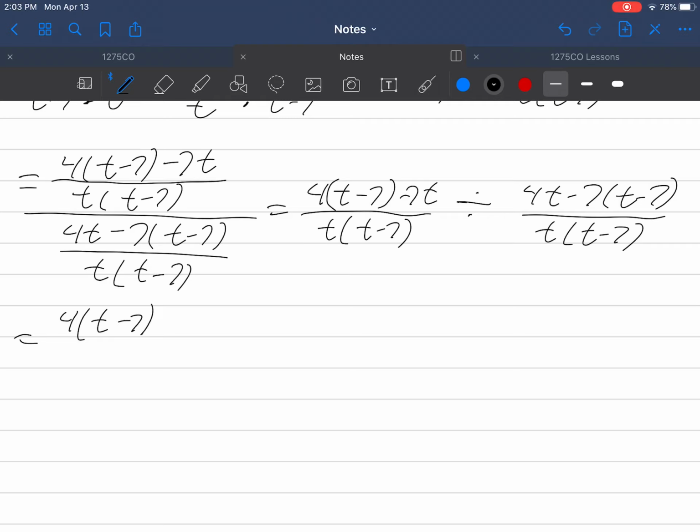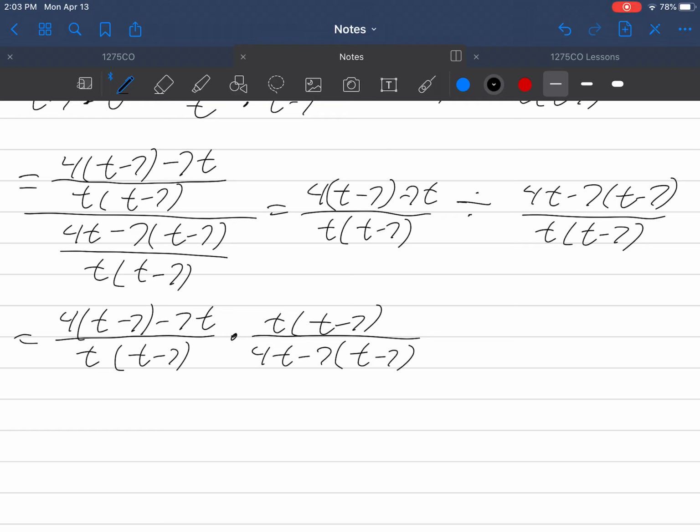Keep, change, flip. So we'll get 4 times t minus 7 minus 7t divided by t times t minus 7 times t minus 7 divided by 4t minus 7 times t minus 7.